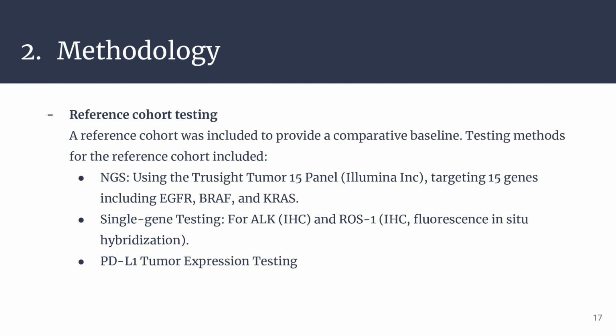The inclusion of the reference cohort helps to highlight the advancement made by integrating ctDNA testing into the diagnostic algorithm and provides a robust context for evaluating the study outcomes.